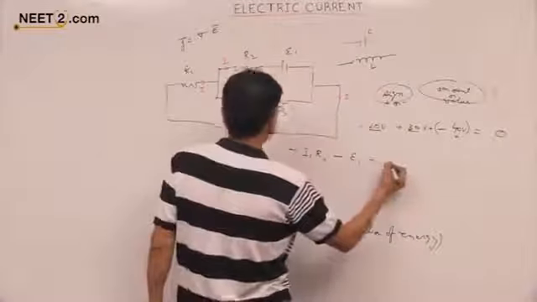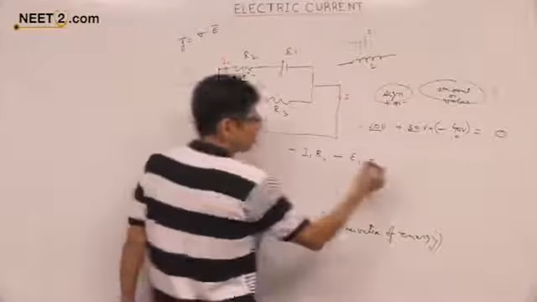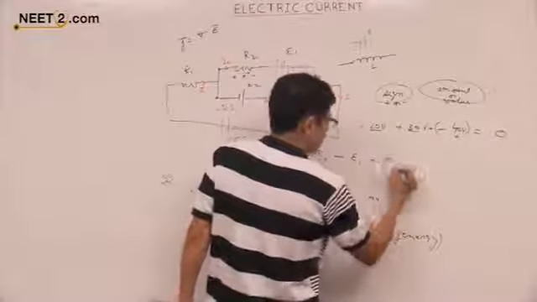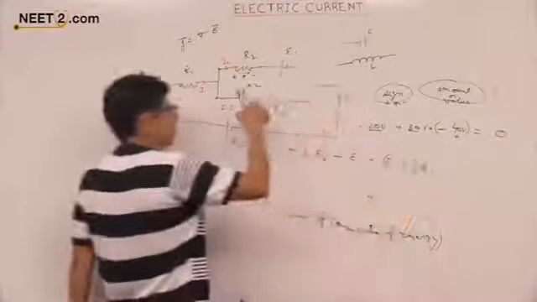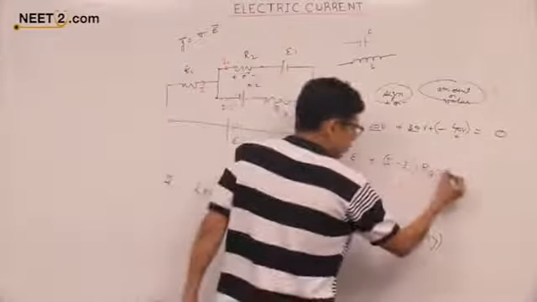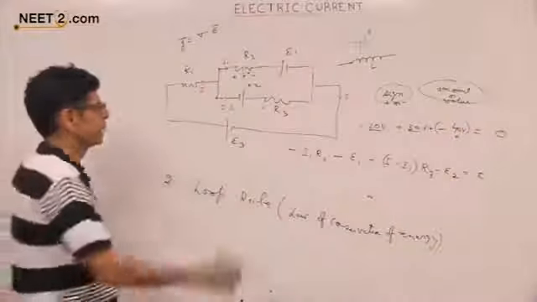And the current amount will come from Ohm's law, so that is IR, and I is I minus I1 into R3. So that is written up to here. Then this, that is very simple, minus E2 is equal to 0.